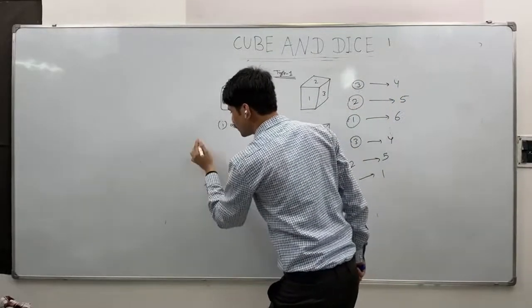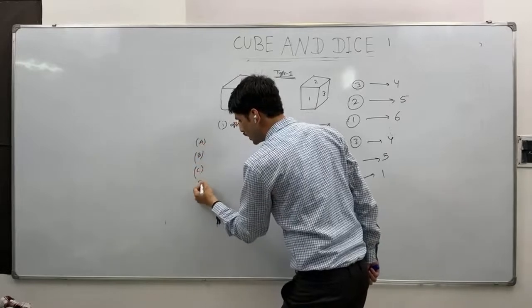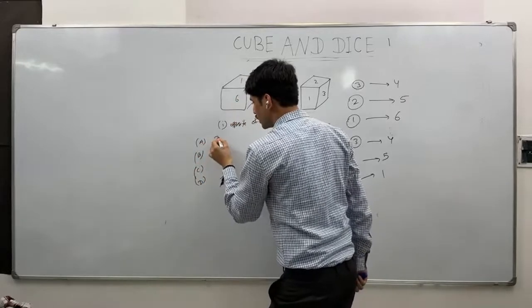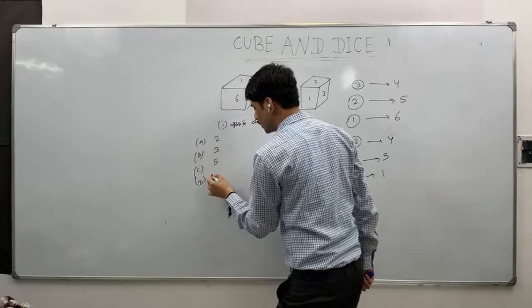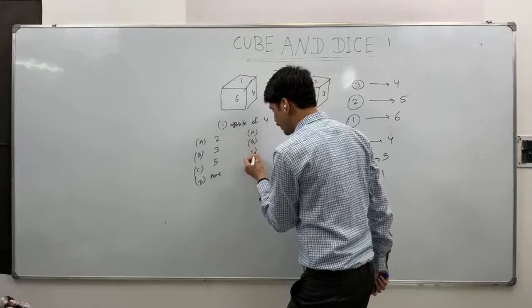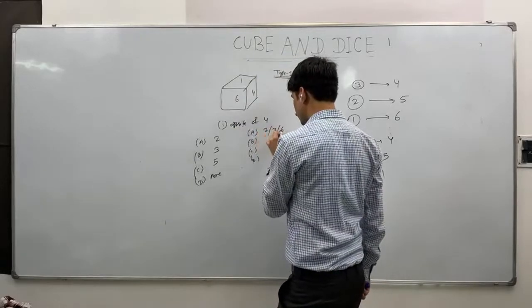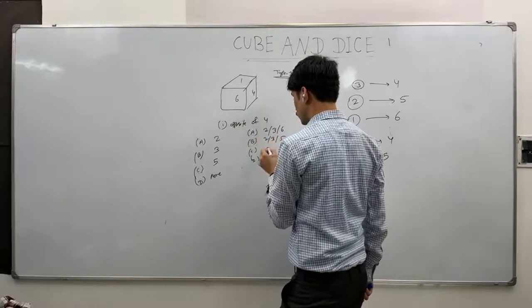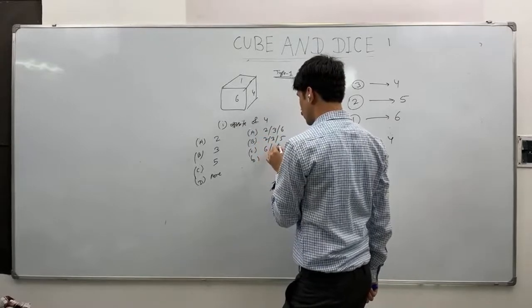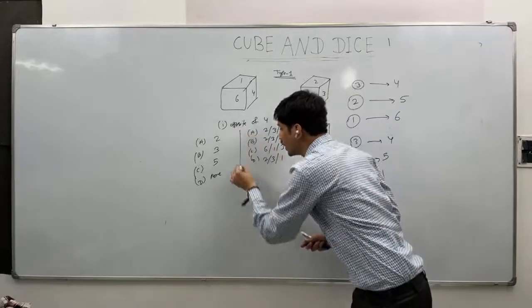There are 2 types of options: A, B, C and D. So that is 2, 3, 5 and none. And another I am giving A, B, C, D. Now, let's say I have these options.